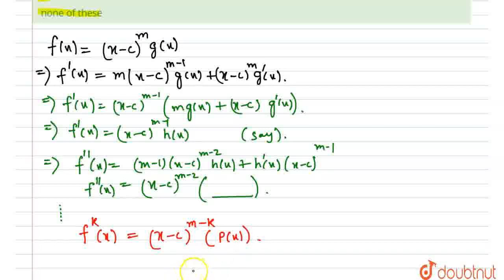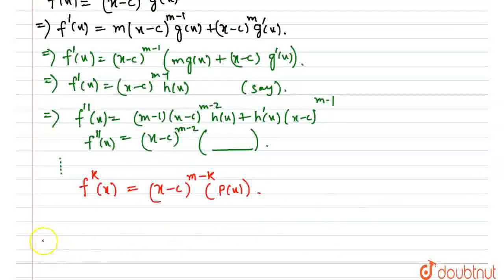So if we put k equal to m - 1, so that the power is an integer, then what would happen?